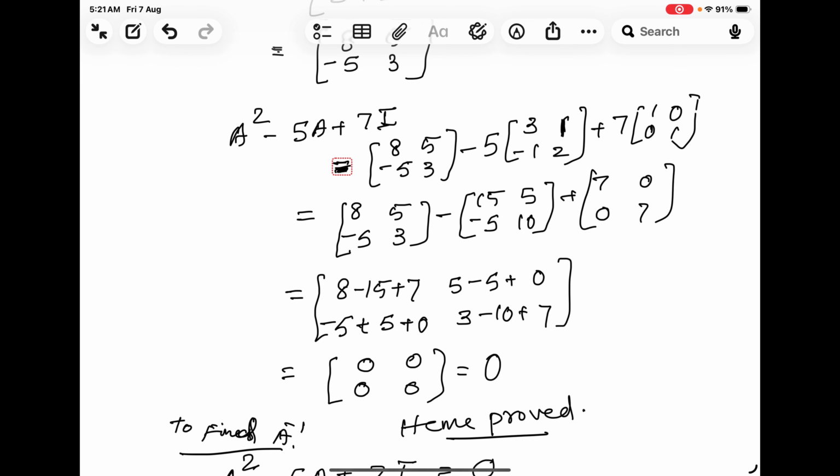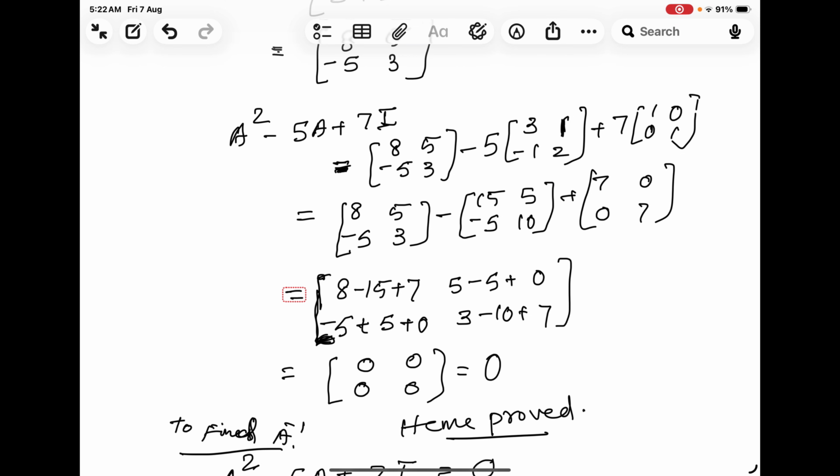Then do the calculation. 8 minus 15 plus 7. Add and subtract corresponding elements. 5 minus 5 plus 0. Negative 5 minus minus 5, that is negative 5 plus 5 plus 0. And the second element 3 minus 10 plus 7. First one 8 minus 15, negative 7 plus 7, 0. 5 minus 5, 0 plus 0, 0.